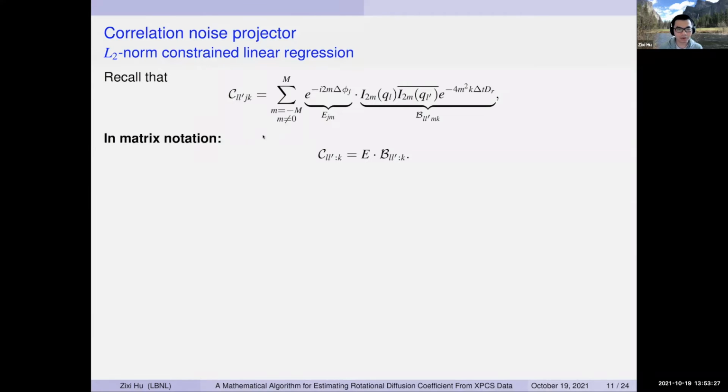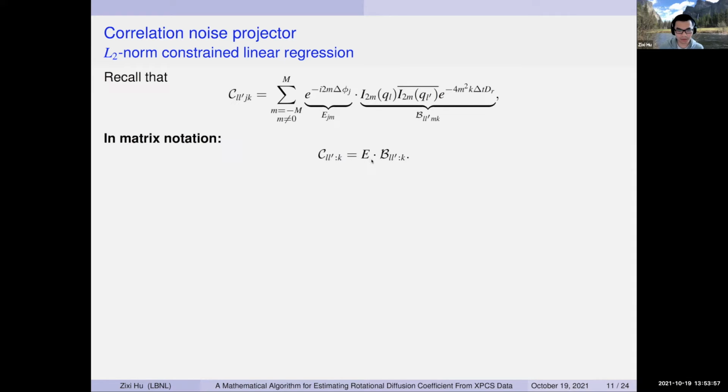Then if we fix L, L prime, and K, and just let J vary, this becomes a vector. And then as J and M vary, these terms form a matrix. Then this term, which contains only M, forms a vector. In other words, using the matrix notation, we turn the summation into a linear system, a matrix-vector multiplication. Here C is the estimated cross-correlation, so it is known, and E can be calculated explicitly.